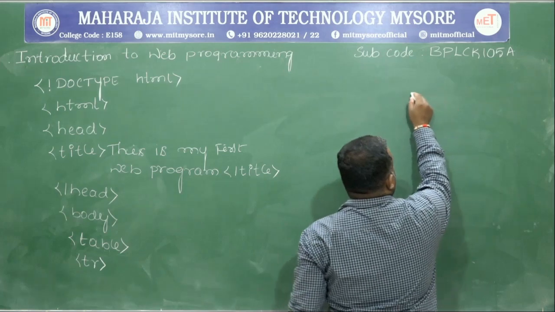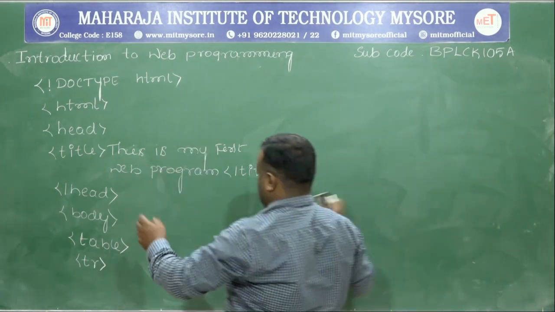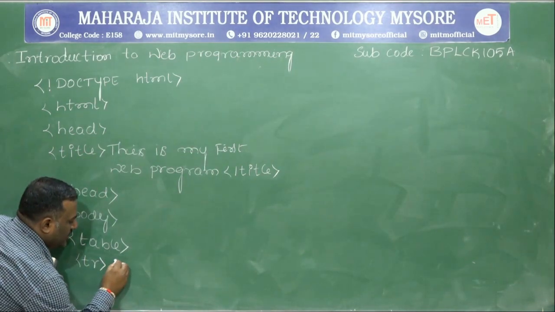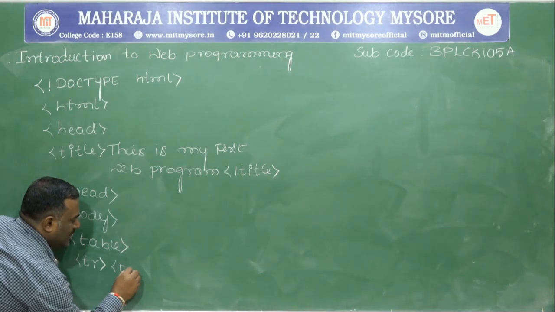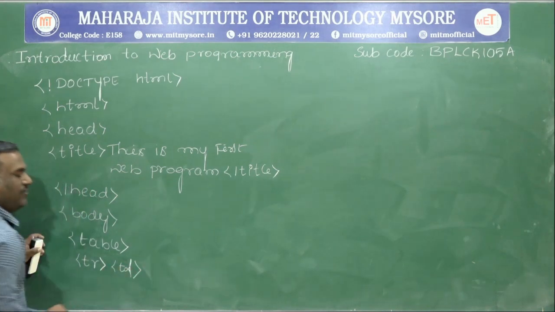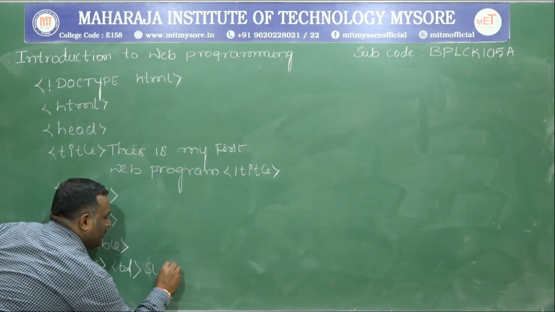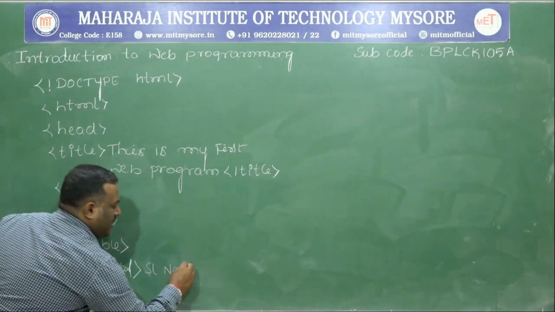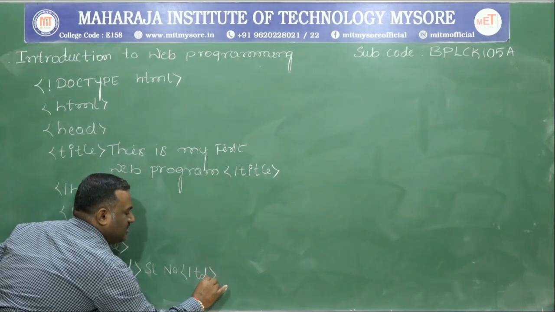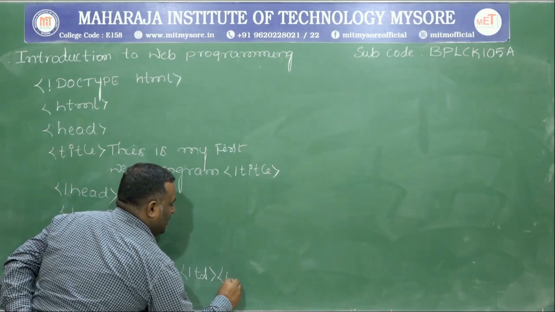I want to create this table. tr, and then followed by the td. Inside the td, first I am going to write the serial number, and then end of the first td, and then the next td.